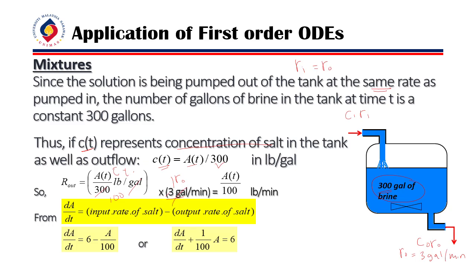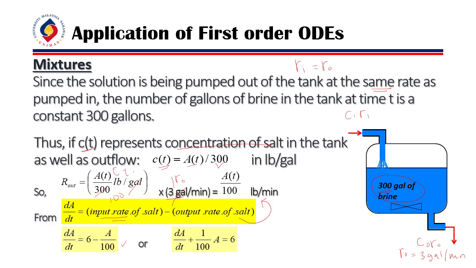For the input rate, previously 6 pounds per minute, you minus A over 100. This is how you get dA over dt. You understand?